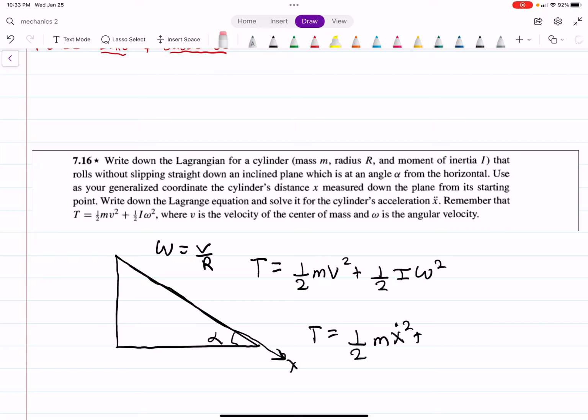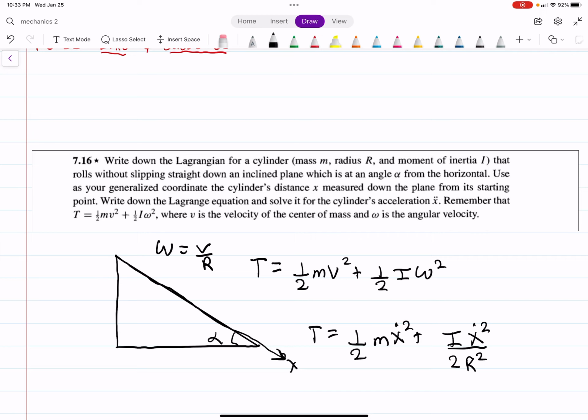Let me write this a little nicer: I x dot squared over 2r squared. That's a little nicer. Okay.